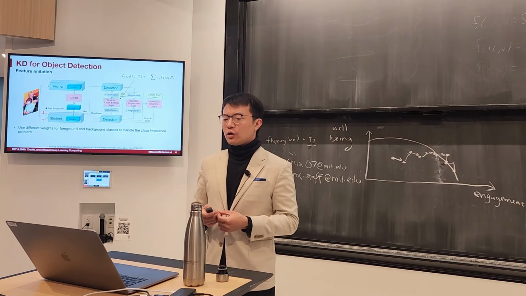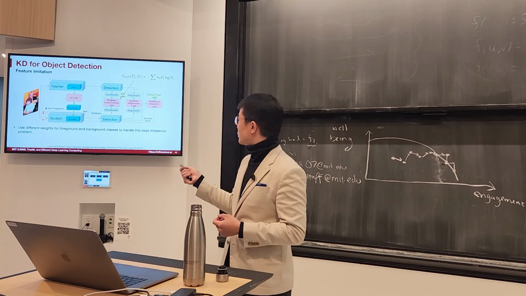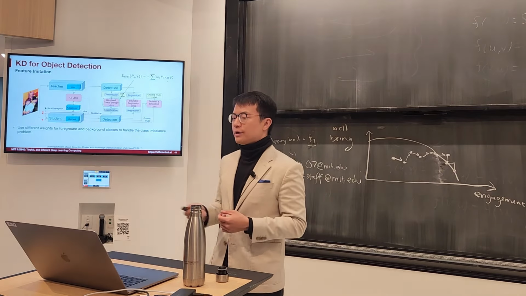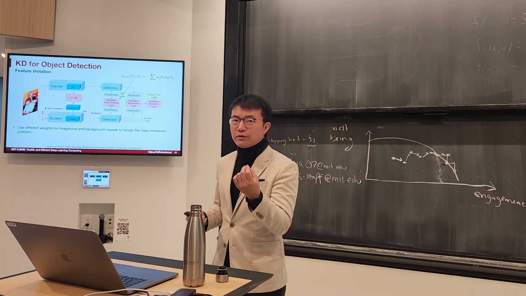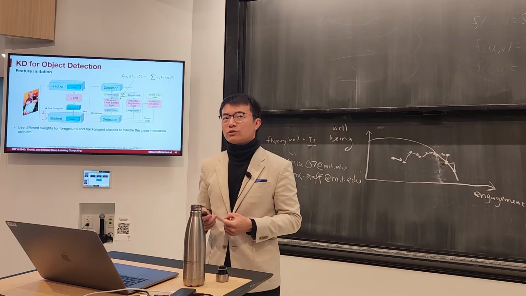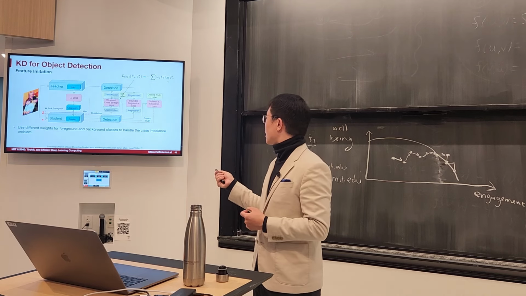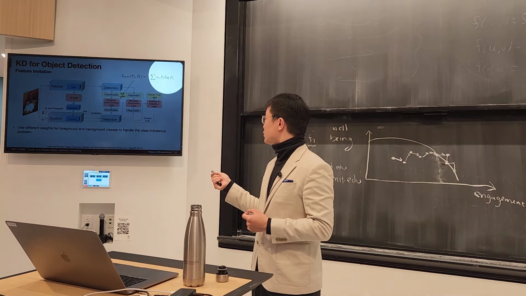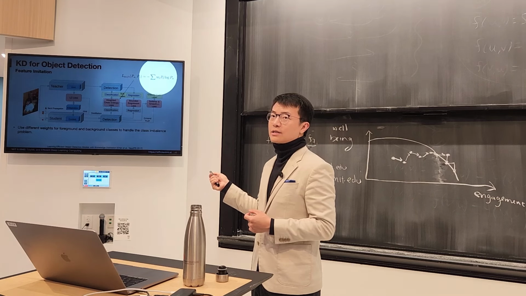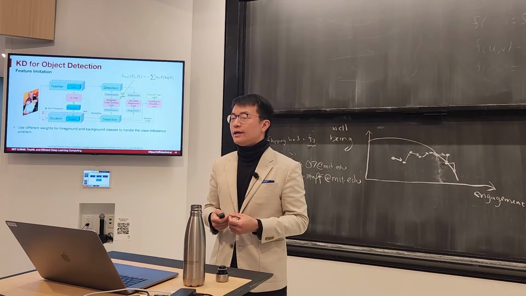What is new here? We use a weighted P log P to differentiate the background versus the foreground. The cross entropy loss we had previously is just P teacher log P student. What is new here is we added a class condition to have different weights for the foreground and the background.